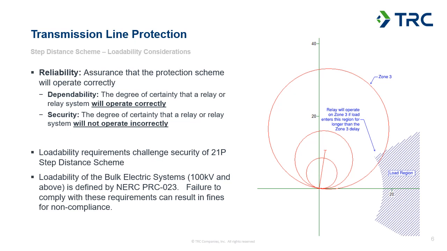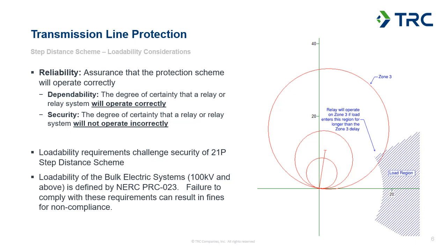And past just the desire to not trip off under load, there are actually some compliance requirements from NERC, a NERC standard PRC-023, that applies to the bulk electric system, which is 100 kV and above. So pretty much all or most of the transmission lines we'd be using the scheme for.